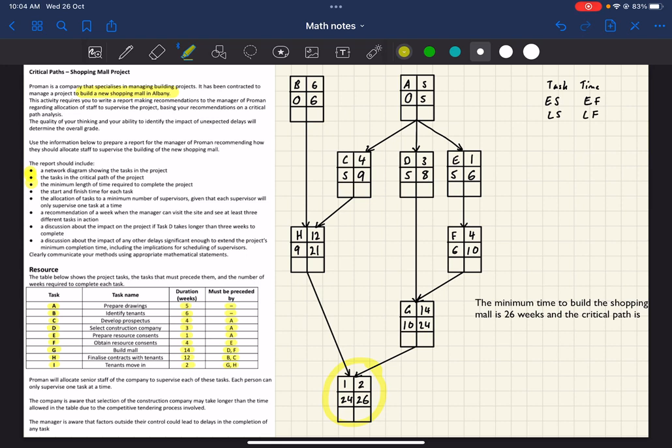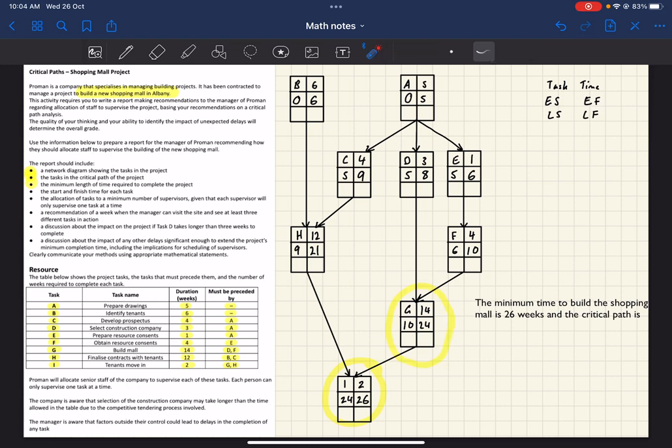Now for I to finish at 26, it has to start at 24. So all the tasks coming before it have to finish by 24. Now this one, its earliest finish is 24, and it has to finish by that time for this to start on time. So that means that G is in the critical path as well.